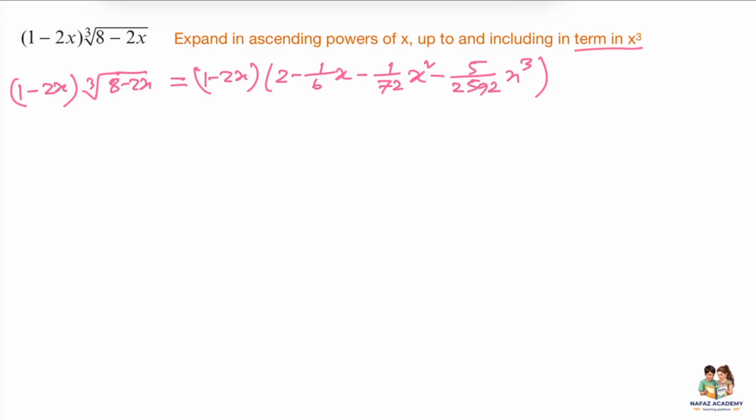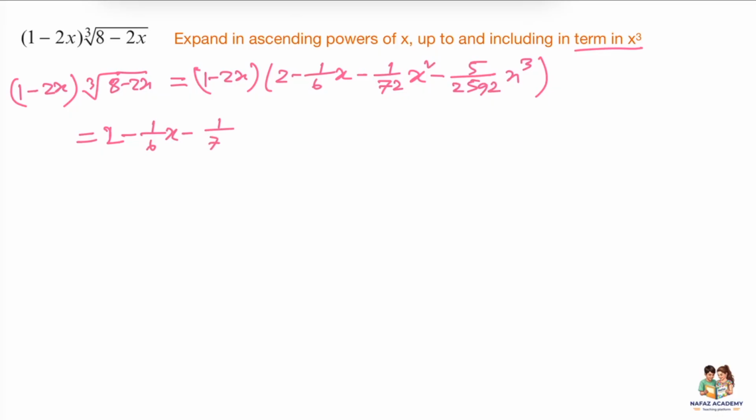Our target is x to the power 3. So it is not necessary to expand all of this. Just show the x to the power 3 terms. Which one is the x to the 3 term? 1 times 5 over 2592, it is an x to the power 3 term, right?